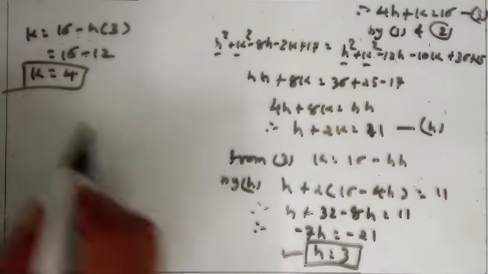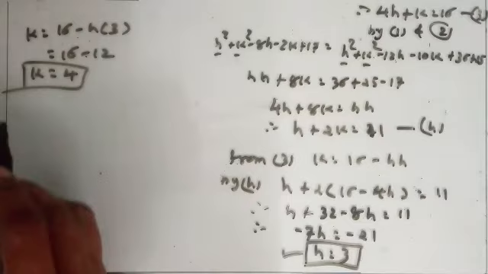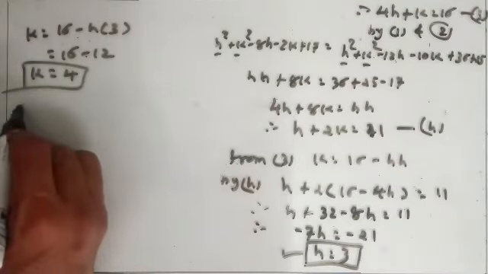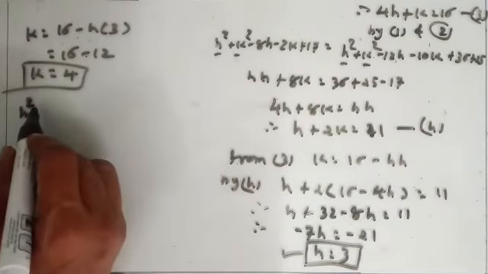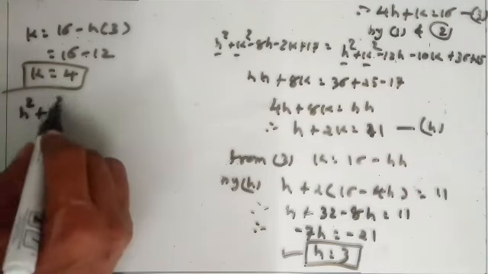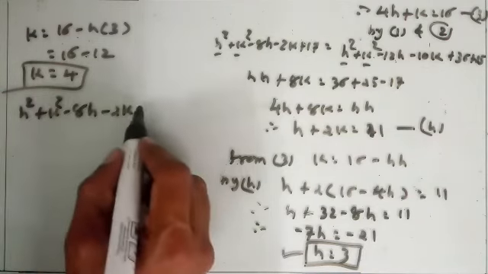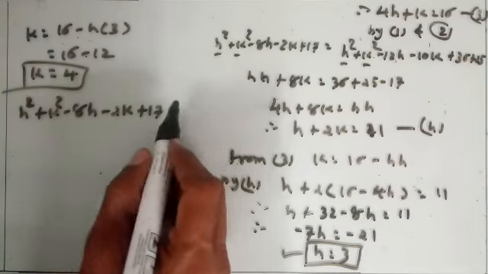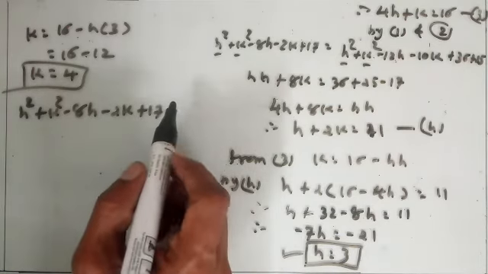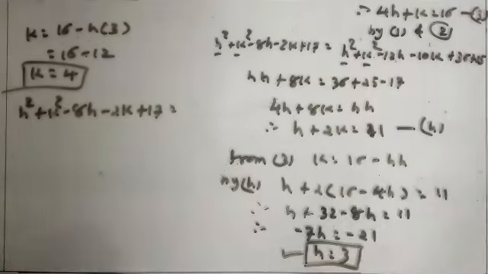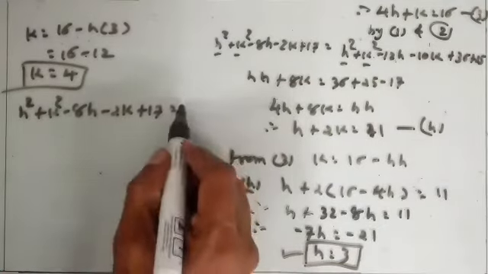Now h is equal to 3 and k is equal to 4. Replace in our equation: h square plus k square minus 8h minus 2k plus 17 is equal to r square.